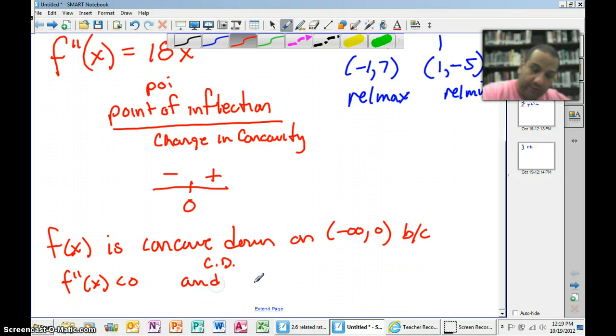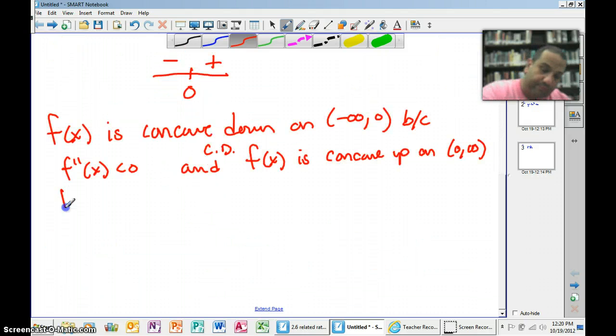And f of x is concave up on 0 to infinity because the second derivative is greater than 0.